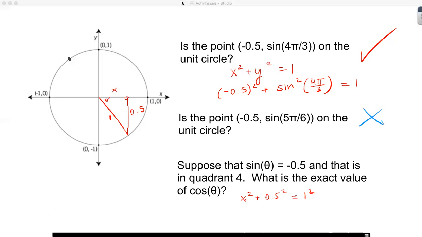I will tell you right now that after solving it, you will get x is equal to the square root of 1 minus 0.25. You might also write this as x is equal to the square root of 0.75, and so that tells me that the cosine of theta is equal to the square root of 0.75.